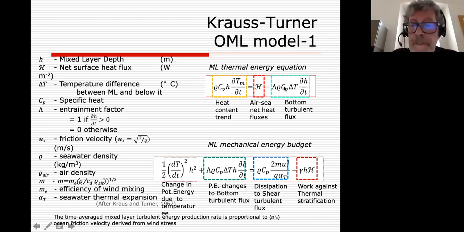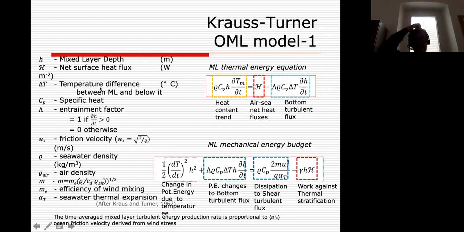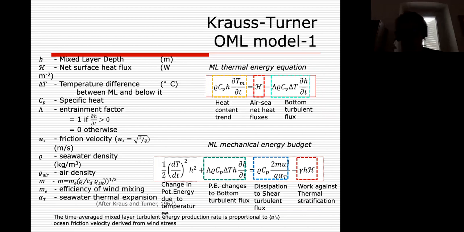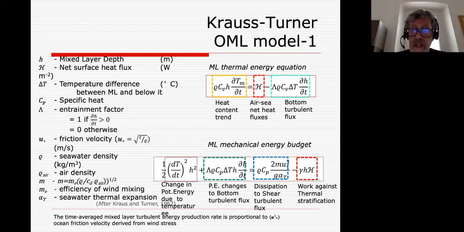We have again a term depending on density and specific heat, and this is multiplied by delta T. Delta T is the temperature jump between the mixed layer and the temperature of the ocean interior. And we have another term, lambda, which is a Heaviside function.